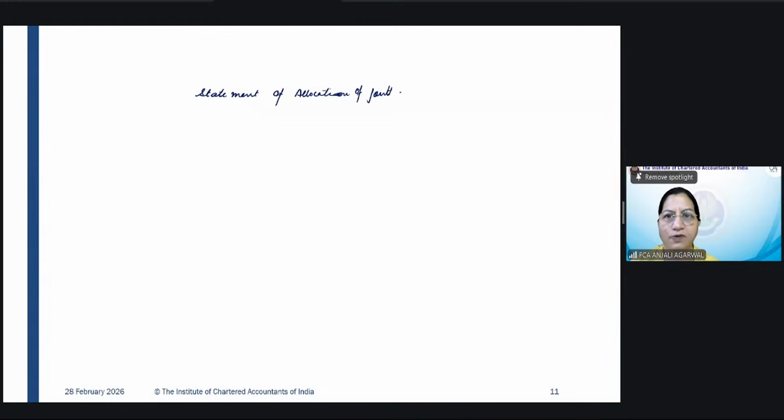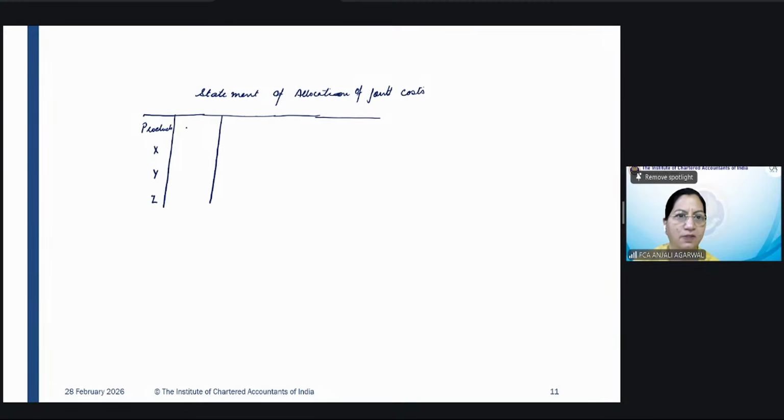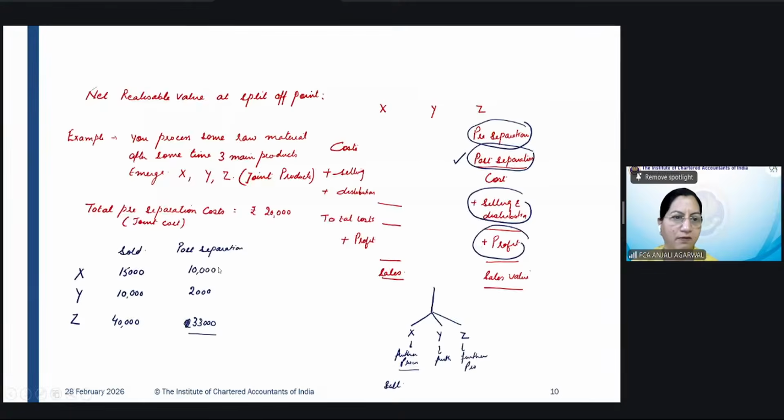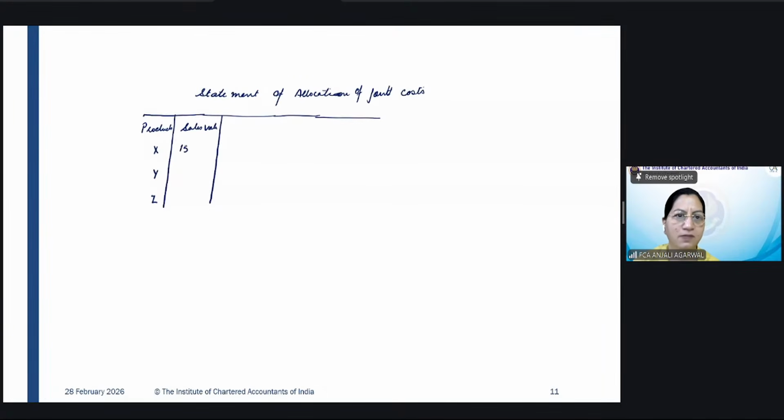Statement of allocation of joint costs. So either you can prepare it... The joint products are X, Y, Z. Sales value: 15,000 rupees, 10,000 rupees, and 40,000 rupees.